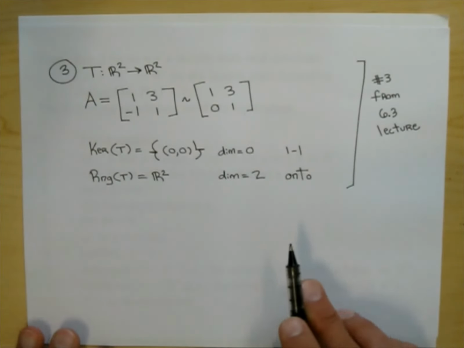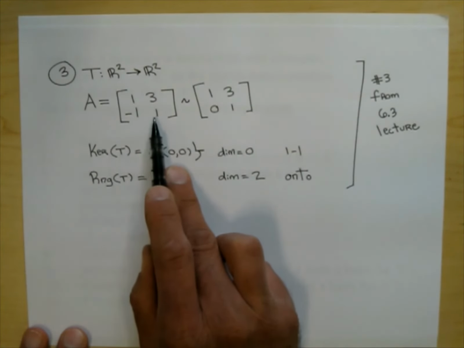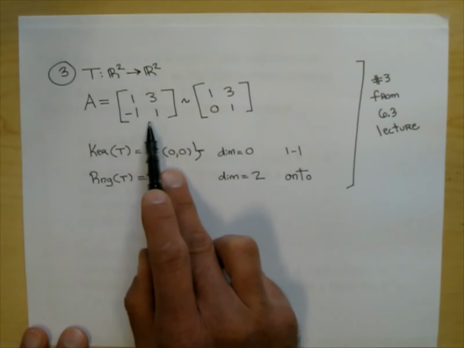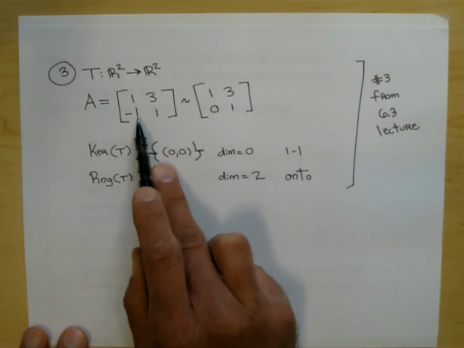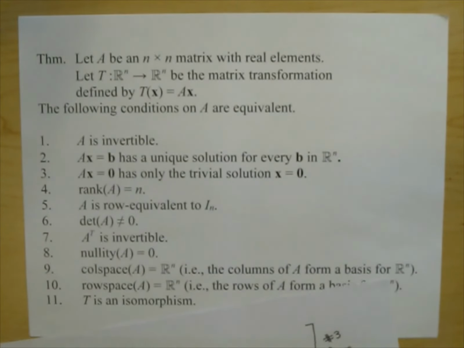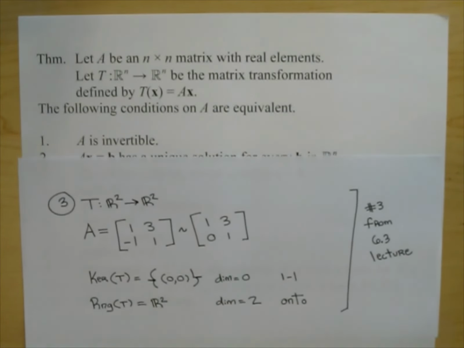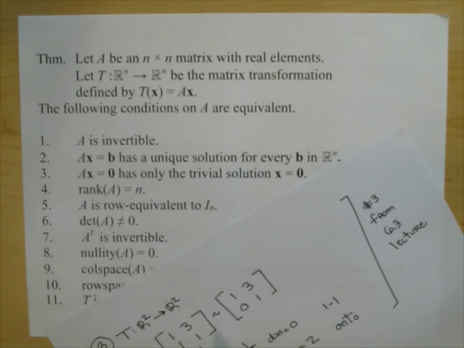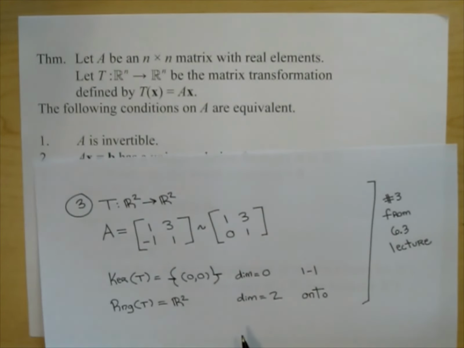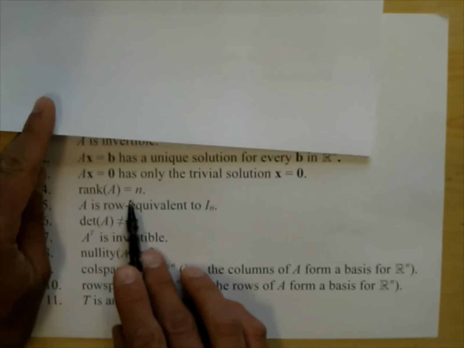Well, it illustrates this theorem. This matrix here is invertible. The determinant of this matrix is 4. And all these things that we say apply to this matrix here, with the last one being T is an isomorphism. The row space is R2, the column space is R2, etc. The nullity is 0, the rank is 2.